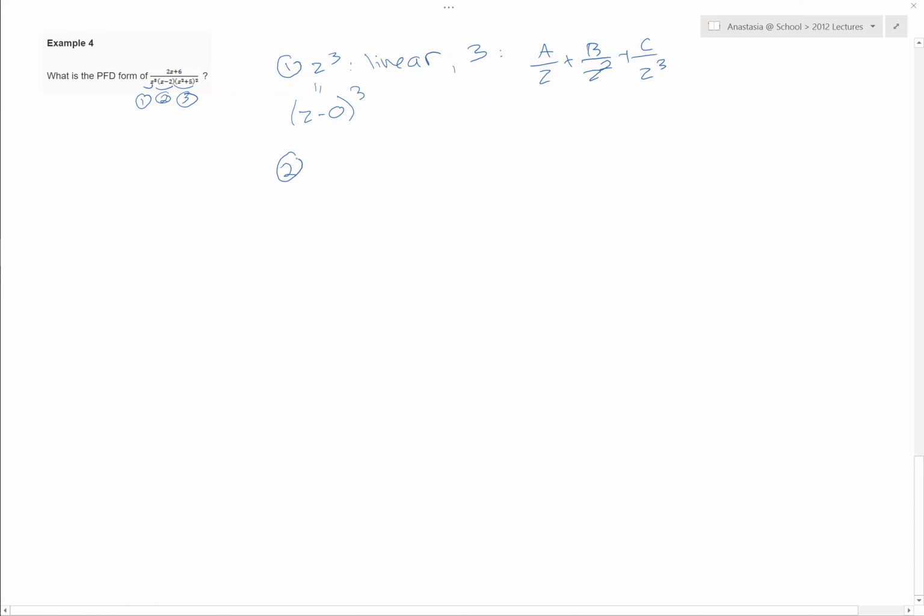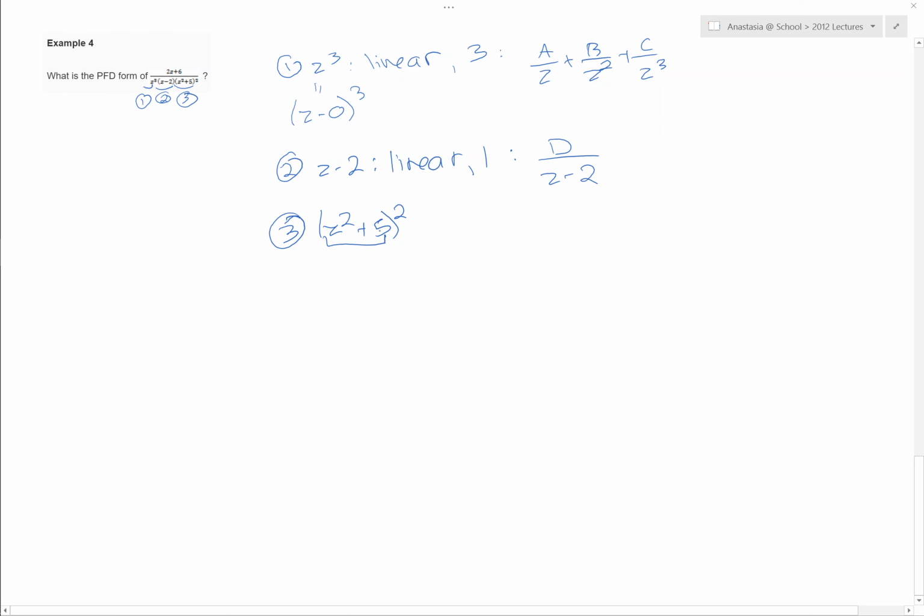For the second factor, z - 2, this is linear, and there's only one of them. So that means that we will have D over z - 2. And notice I've started with D because we already have an A, a B, and a C that are used.